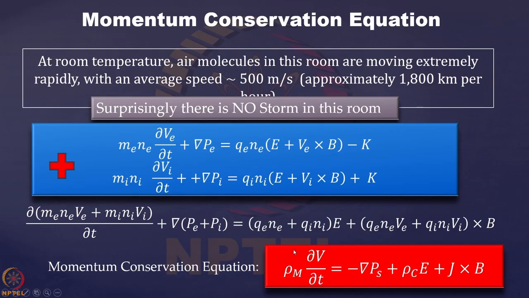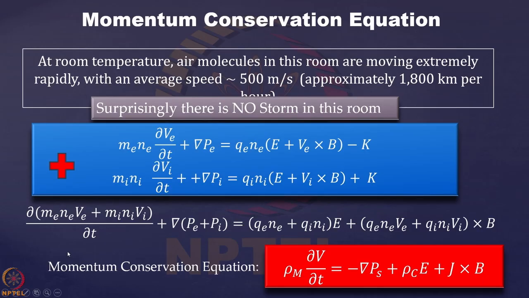Add them up and you get the total pressure. Then q_e n_e + q_i n_i gives you the net charge density, multiplied by E, and this is nothing but J, the current density, cross B.